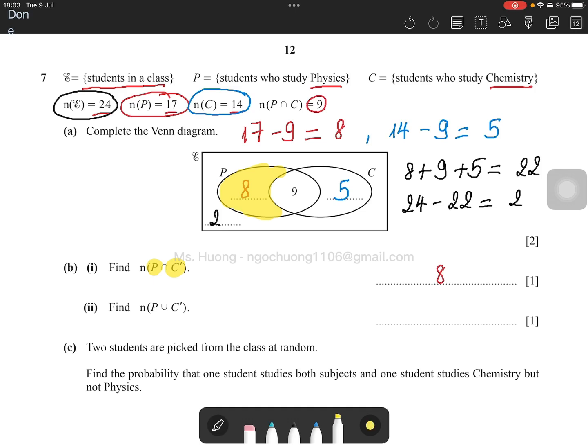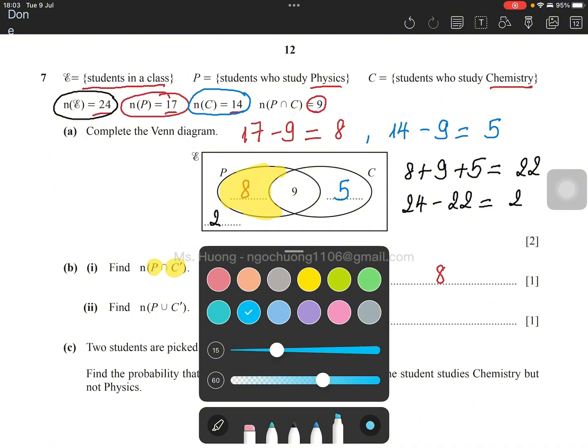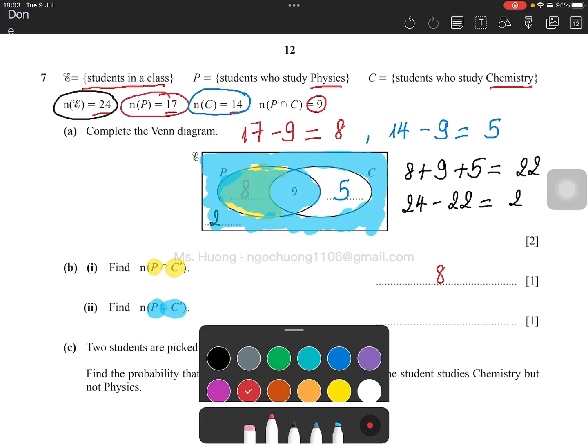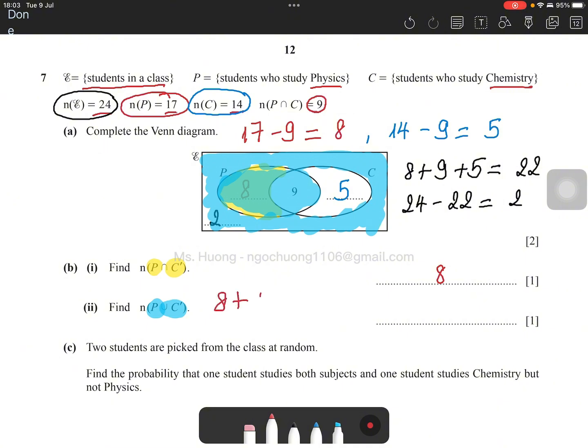Next, find n of P union not C. This means we'll find all the elements in P or in not C. So I'll shade the whole of P and the whole of not C. The blue section includes 8 plus 9 plus 2, which is 19 members.